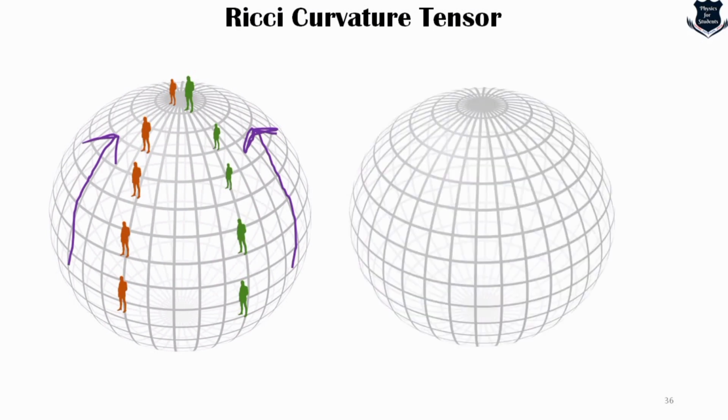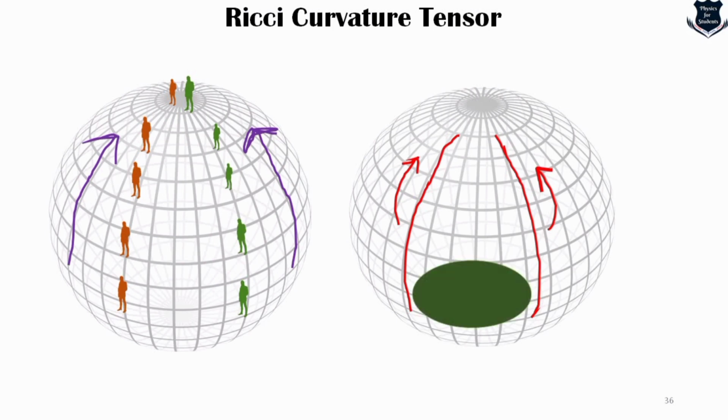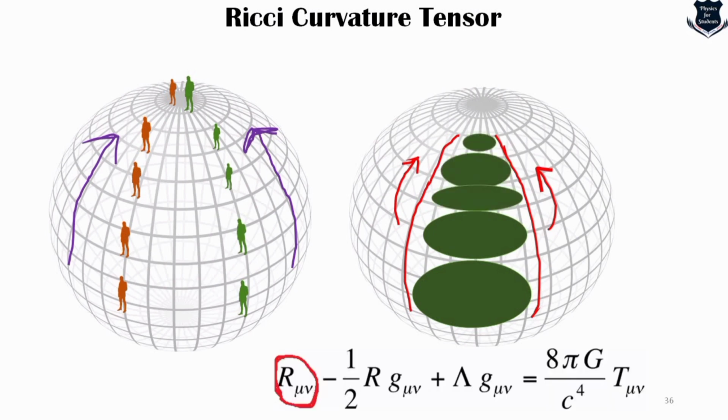We take another analogy, the same sphere, and if we draw those lines, they are pointing at some point. You see this volume is changing. It is shrinking, shrinking. Maybe it will come to a point.